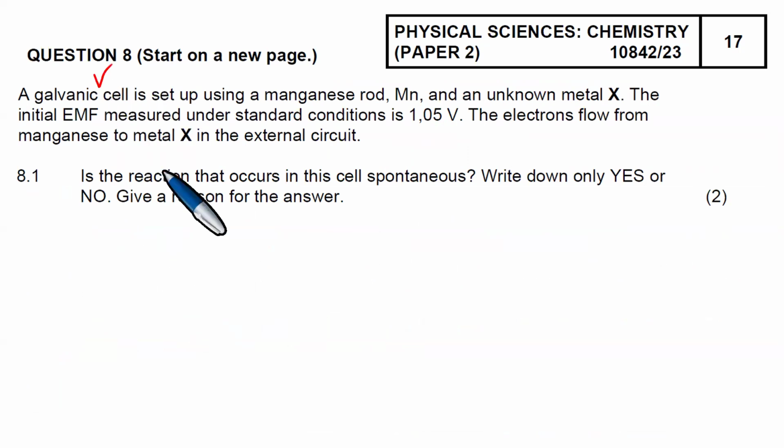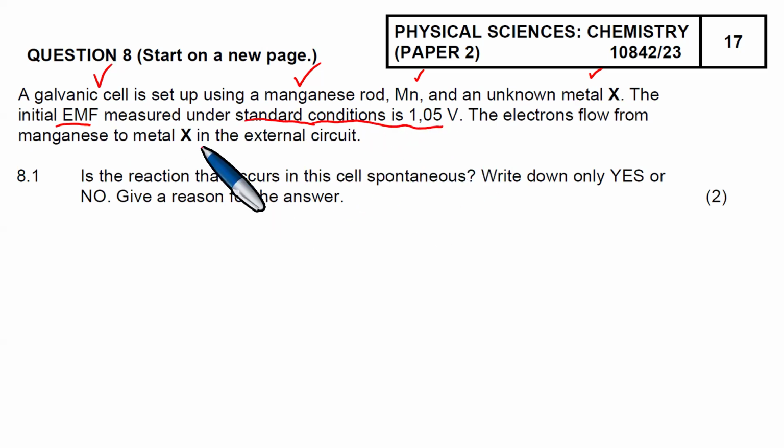A galvanic cell is set up using a manganese rod, Mn, and an unknown metal X. The initial EMF, which is the electromotive force measured under standard conditions, grade 11s and matrics, please take note of the standard conditions.